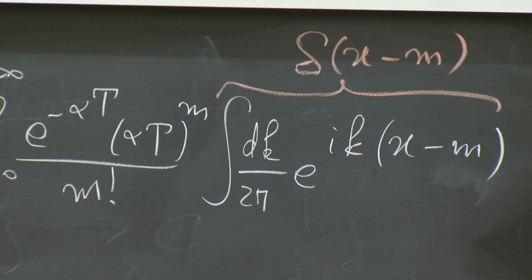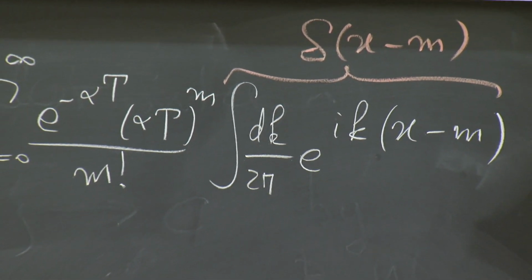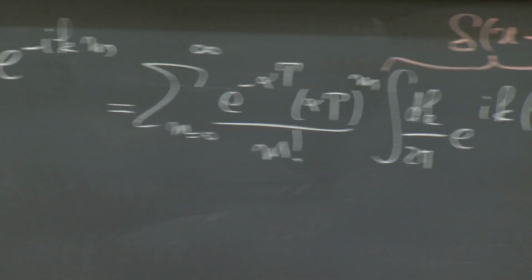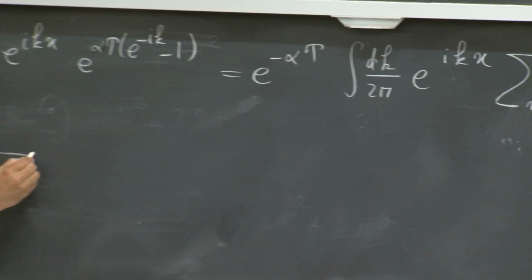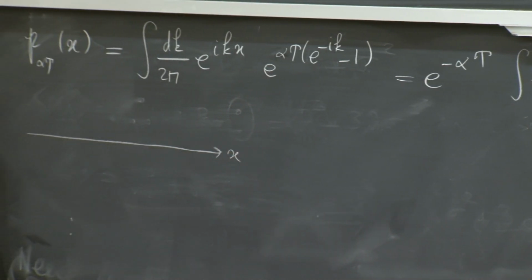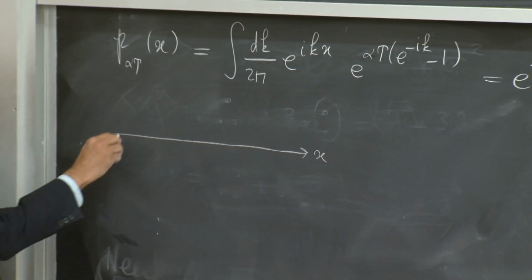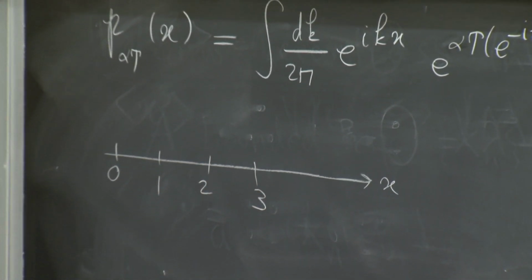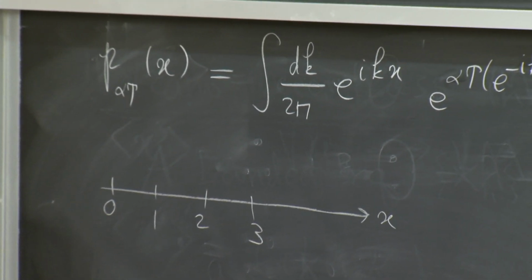Because I kind of did something that maybe in retrospect you would have said, why are you doing this? Because along how many times things have occurred, they have either occurred 0 times, 1 time, 2 decays, 3 decays. I don't have 2.5 decays.